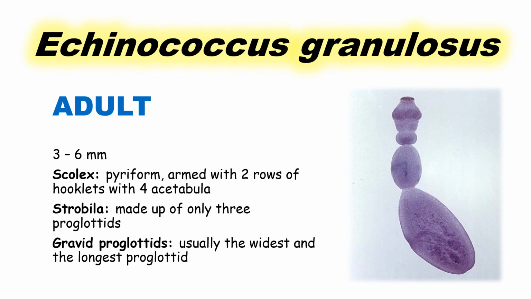The strobila is made up of only 3 proglottids. Take note, 1 immature, 1 mature, and 1 gravid. Its gravid proglottid is usually the widest and the longest among the 3. So we humans are just an accidental intermediate host, take note, not the definitive host. Later on, it will become clearer.